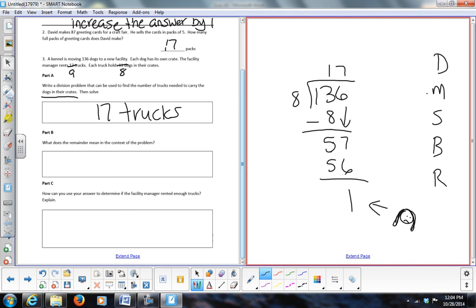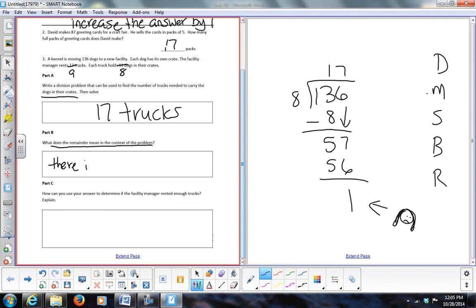Alright, so there's a poor little puppy all by itself. Okay, so that tells me how I answer this question. What does the remainder mean in the context of the problem? There is a poor puppy all by itself.